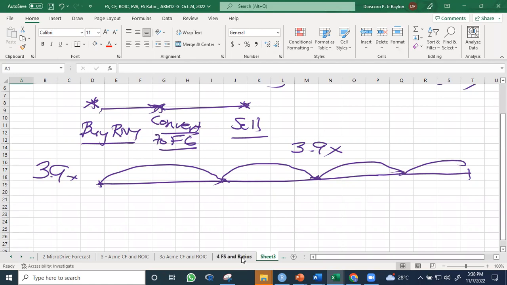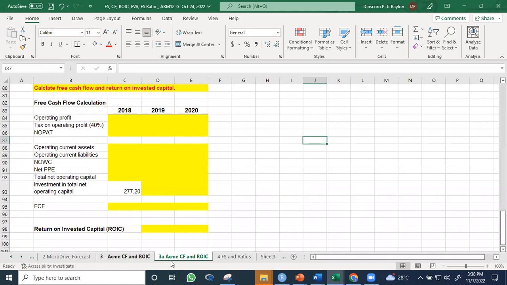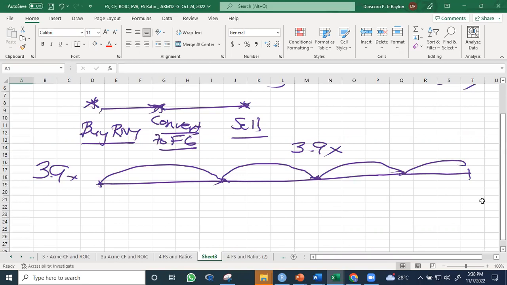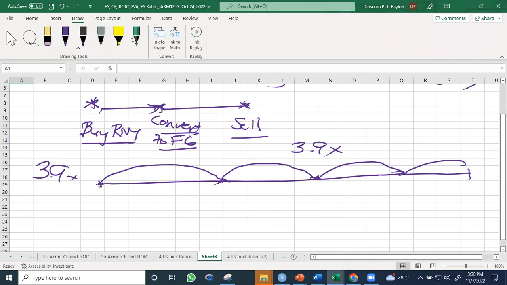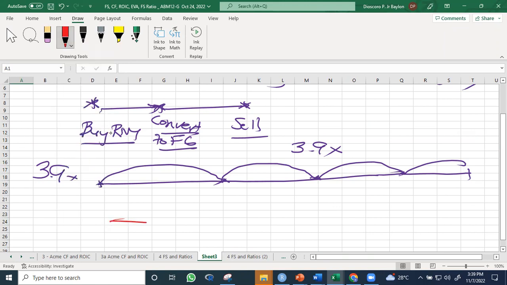And we said that we should not take this in isolation, 3.9. Well, you have to compare that. Our direct competitor does this 6.1 times. So is the company performing better than the direct competitor? The answer is no. Why no? Because if you take a look at the performance of the direct competitor, this is 1 year.